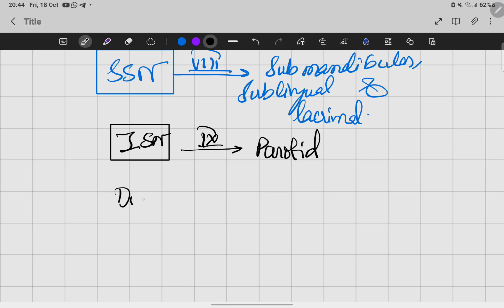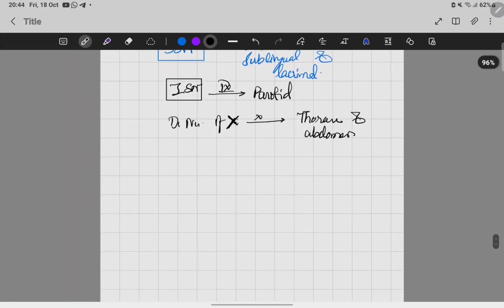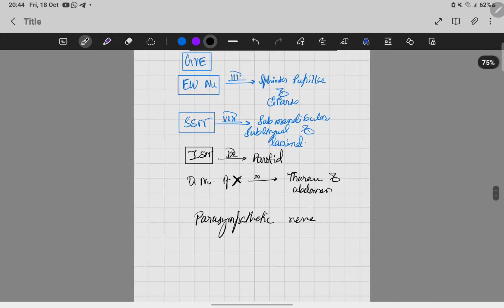Dorsal nucleus of vagus. Vagus is the 10th nerve. Through the 10th nerve, it supplies the smooth muscles of thorax and abdomen. So we know that the parasympathetic nerves are these four: 3, 7, 9 and 10.